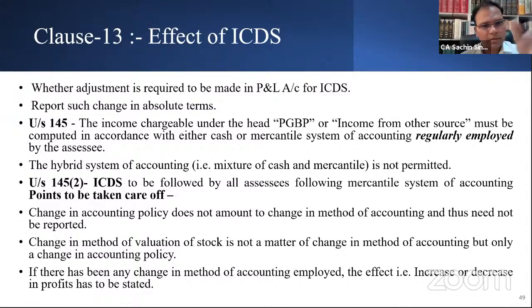However, the ICDS says that the cost should include all the taxes which are paid, even though it is subsequently realizable from the government, that is to be mentioned. So in that case, the stock as reported in the books and stock as per the ICDS will be different. And there are other particulars also, but generally these two items would be there.